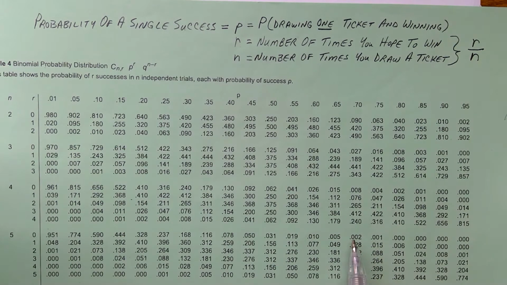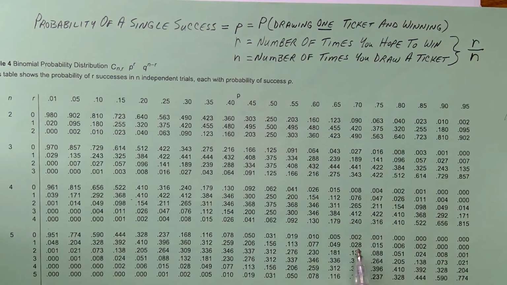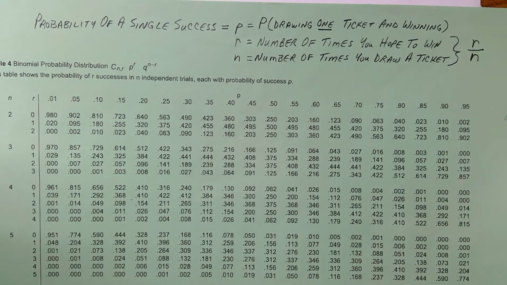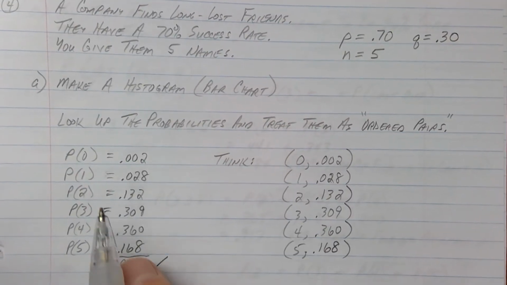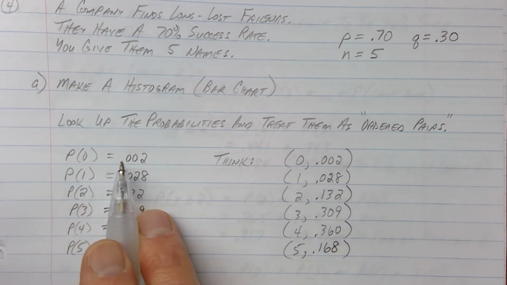So there's a 0.002 chance that I submit 5 names and they find none of the 5. There's a 0.028 chance or probability that they find 1 out of the 5 names that I submitted, and so on. So if I write those down, the probability that r equals 0 is 0.002.